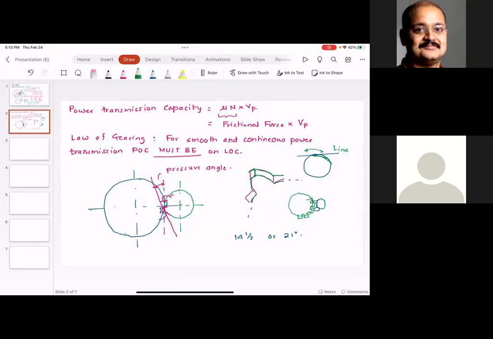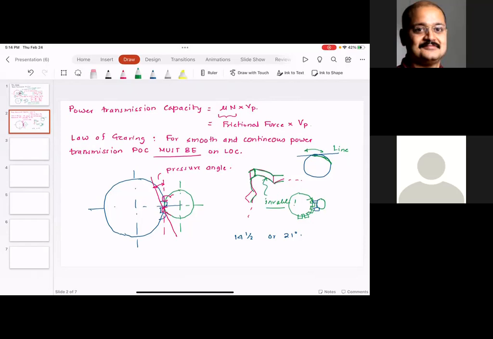So the profile of the gear, or the gear curve, is actually called the involute profile. This is involute. And the gears could have an involute profile, or they could have a cycloidal profile.